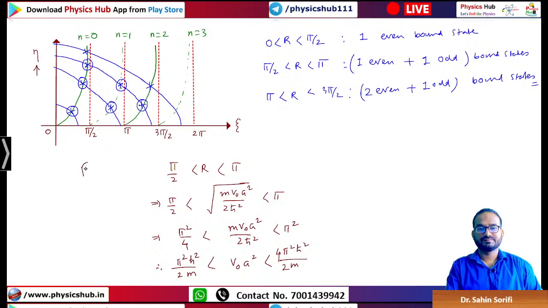Just an example. So what is the condition that there will be one even and one odd? The condition is that v naught a square should be between pi square h cut square by 2m and 4 pi square h cut square by 2m.